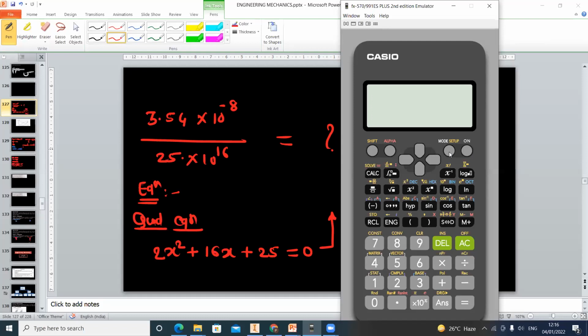So again, select mode, and in that, select the fifth option, which is the equation. And you can see the various equations.